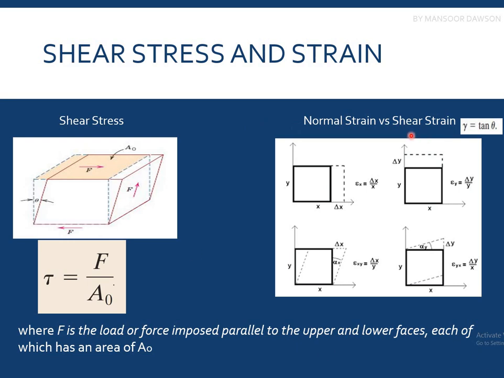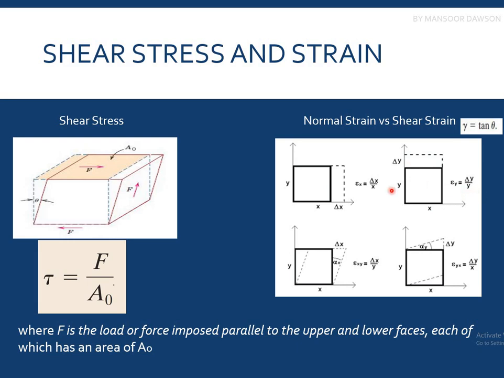In the normal strain, if you apply the load in the x direction, the change in length in the x direction upon the original x length would be your strain. And if you apply the load in the y direction, the change in length in y upon the original y length would be your strain in the y direction.